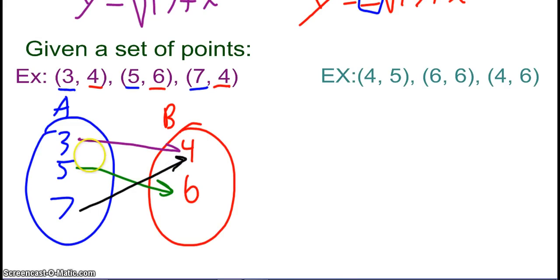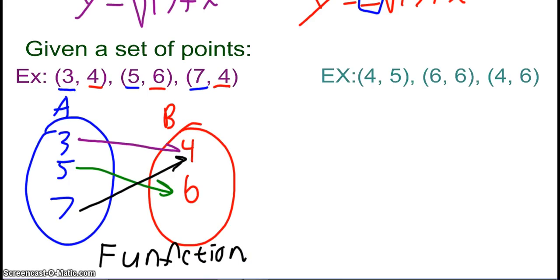What's important is that for each input, it only goes to one output. So this is going to be a function.